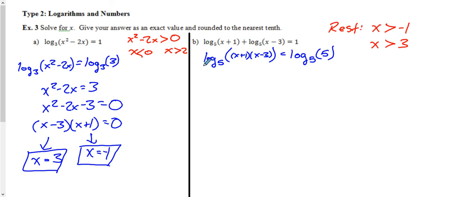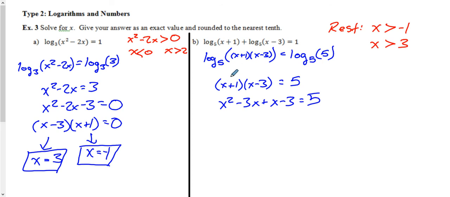Now that I have log base 5 on both sides and it's a single log on both sides, I can drop my logs. So once I drop my logs, I'm left with (x plus 1) multiplied by (x minus 3), and that's all equal to 5. Let's distribute our binomials. We get x squared minus 3x plus x minus 3 equals 5.